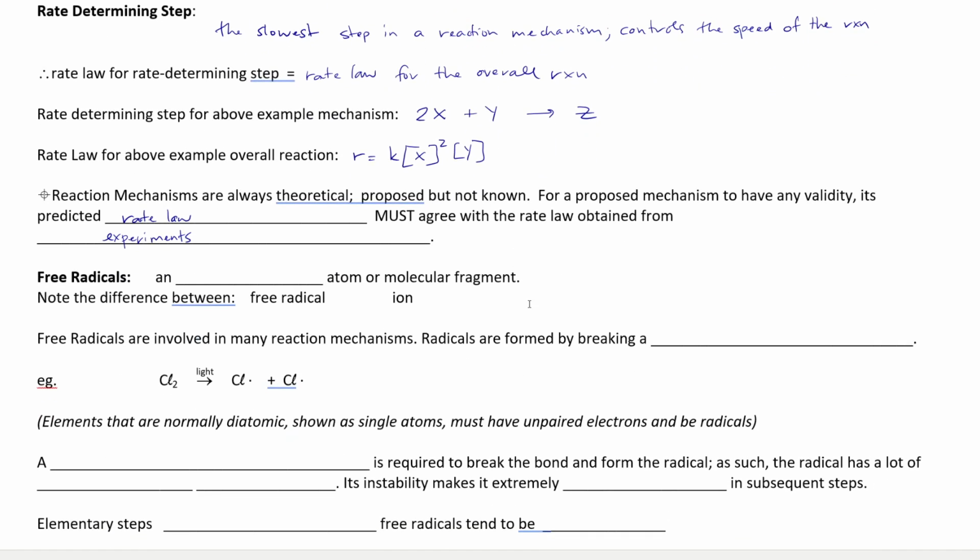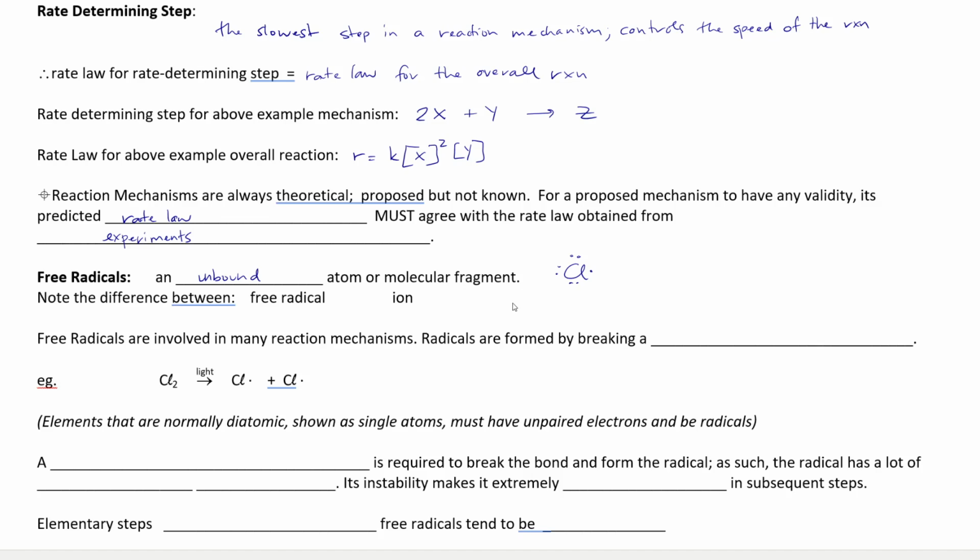Moving on to free radicals. Free radicals are basically an unbound atom or molecular fragment. Okay, so what I mean by that is an unbound atom is effectively like, for example, if we have chlorine, so not molecular chlorine, but just atomic chlorine, looks like this, right?